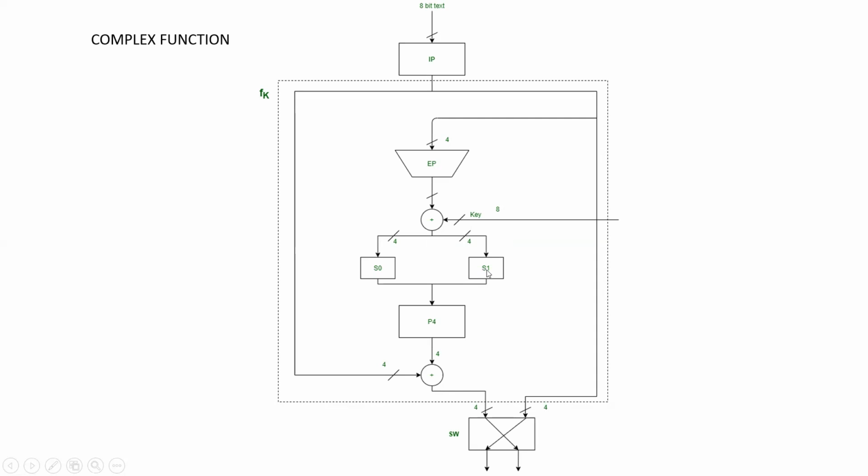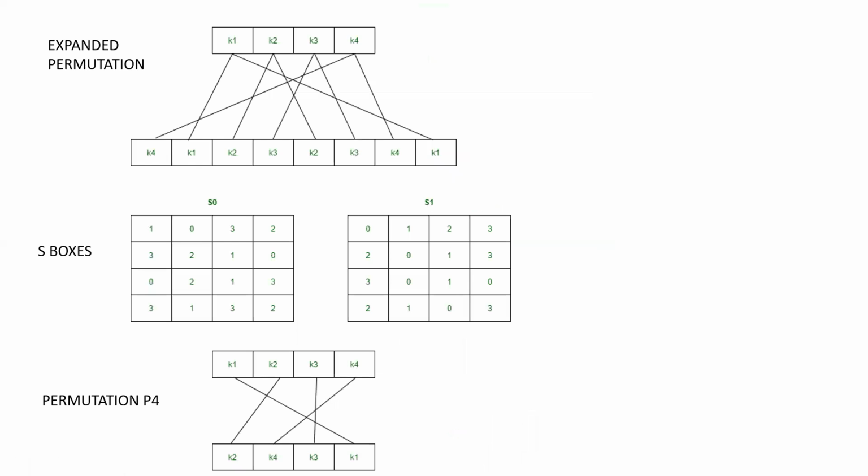So we'll discuss S boxes now. S box indicates that it is substitution. Supposing the bits are 0, 1, 0, 0. We take the first and fourth bit as the row number and the second and third bit as the column number for our S boxes.